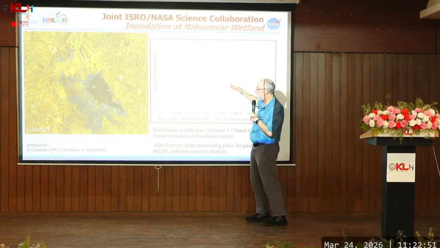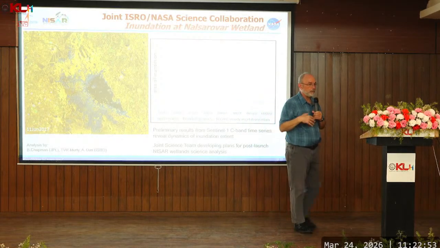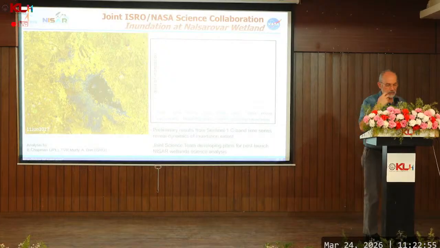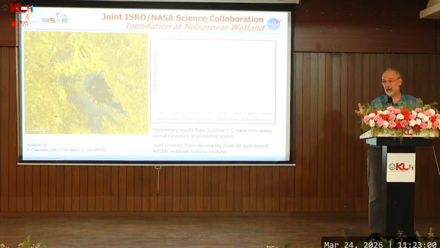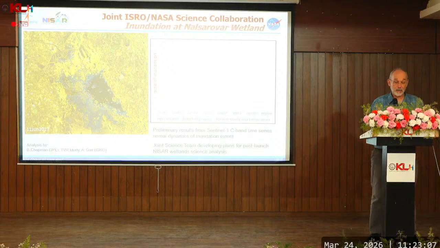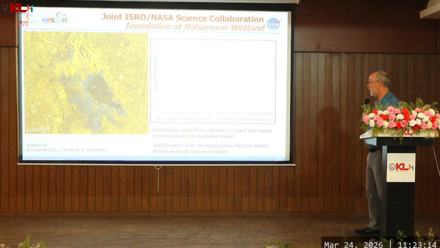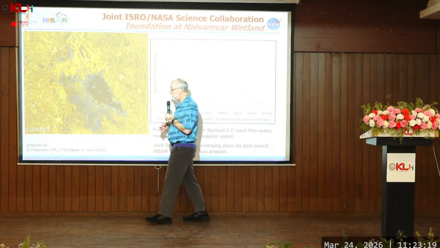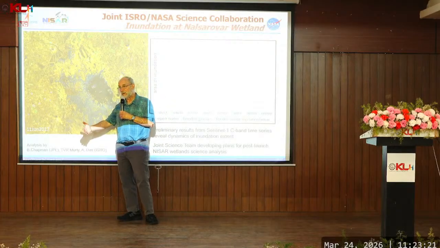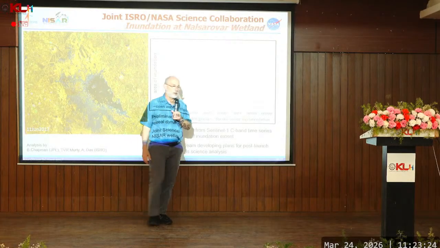So this allows you to characterize what's flooded and what isn't, and understand how materials in flooded areas might decompose over time and exchange methane with the atmosphere. Again, this is an important part of the carbon budget that we're trying to understand. And the ability to measure inundation with L-band tends to be much more sensitive than with Sentinel because we penetrate through the canopy and see the reflections on the bottom.